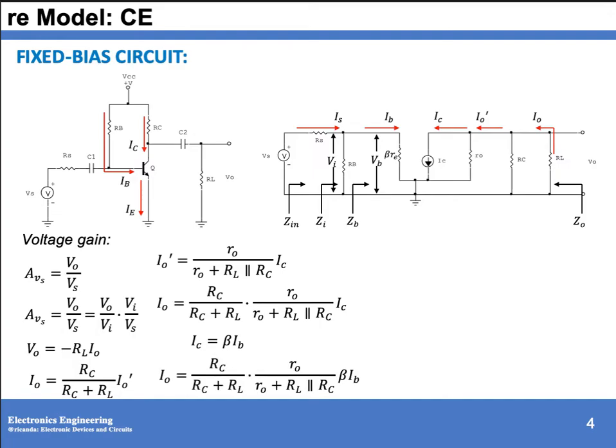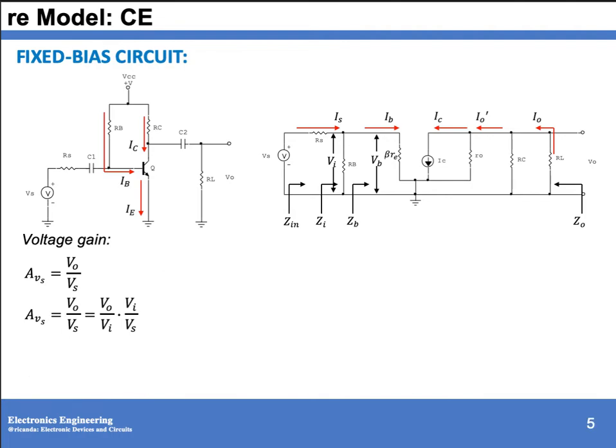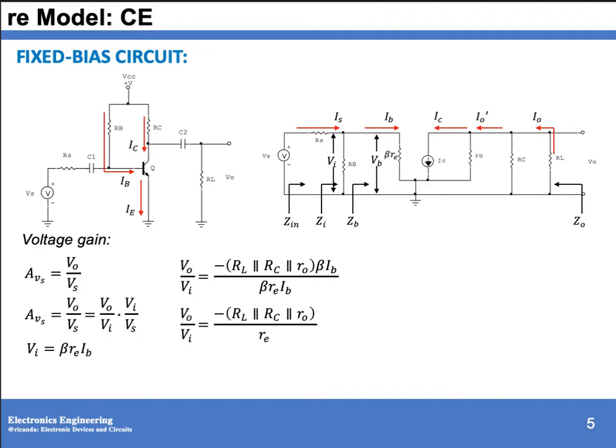Then we have to substitute this Io into your Vo. Therefore, we can rewrite your Vo as negative RL in parallel with Rc in parallel with ro times beta Ib. Then our input voltage Vi is equal to beta re times Ib. So to get your Vo over Vi, that is equal to negative RL in parallel with Rc in parallel with ro, all over re.